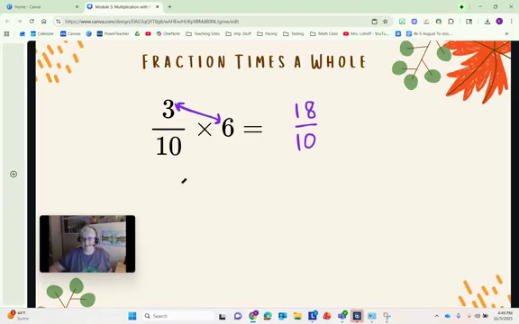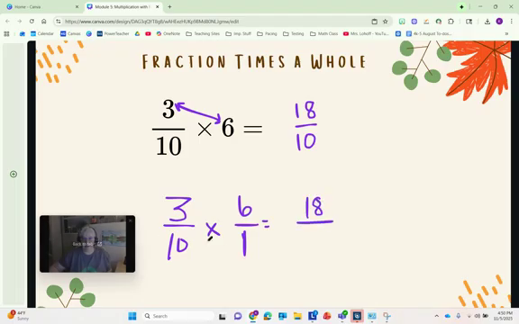Another way to look at this is if we changed the 6 to be a fraction. So we have 3/10 times 6 over 1, because each unit is one whole unit. It's one part. 6 as a fraction is 6 over 1. Then we multiply across. 3 times 6 is 18, and 10 times 1 is 10.